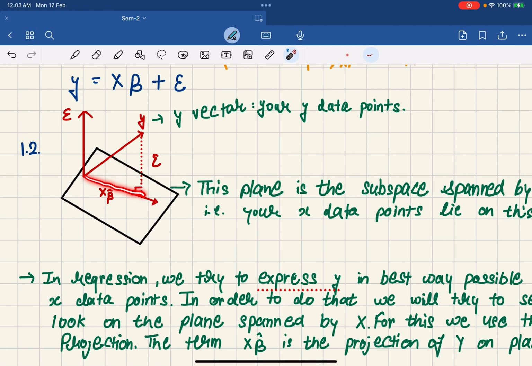These 3 vectors are forming a right angle triangle, so we can use the Pythagoras theorem in this. Okay, the square of this vector plus the square of this vector is equal to the square of the y vector, right? This is the Pythagoras theorem.